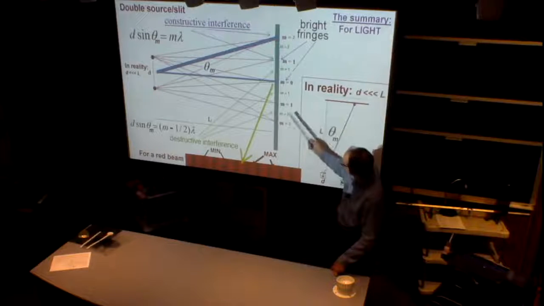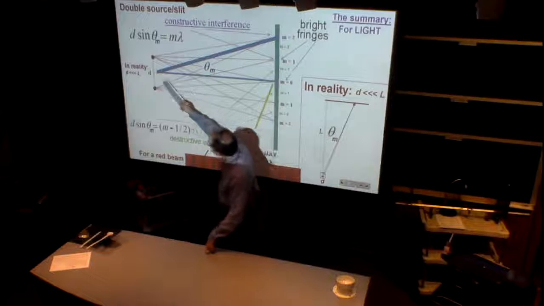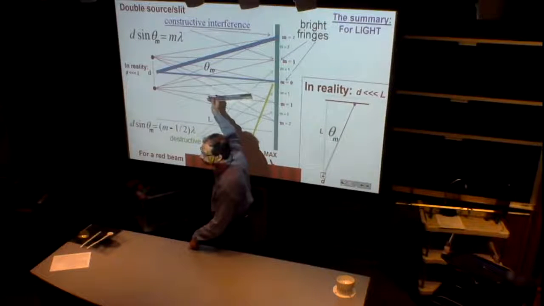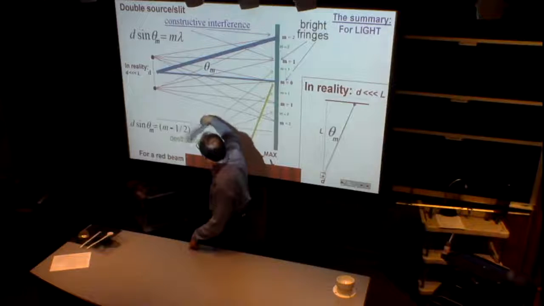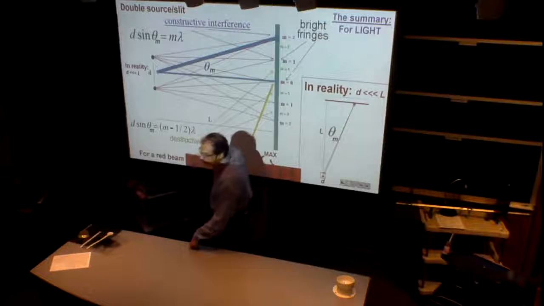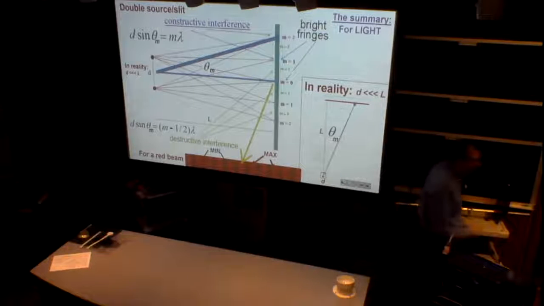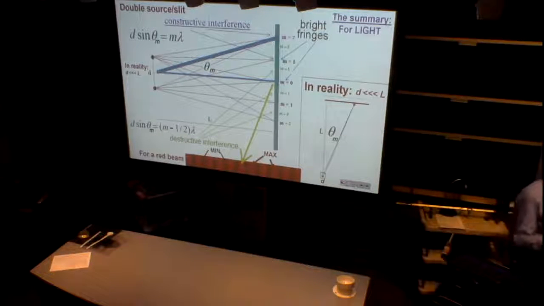And the expression which tells us at which angle we should look from the location of the device to see a maximum or a minimum is given by these two equations. On the top, that's the condition for constructive interference, for the maximum.